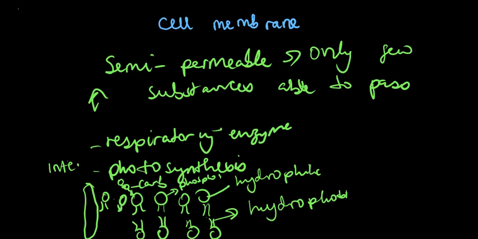So these are integral proteins. Some of them act as transport proteins, they help the bacteria to transport certain things from outside to the inside of the cell. Then other things that you can also find, you can find cholesterol just within there.